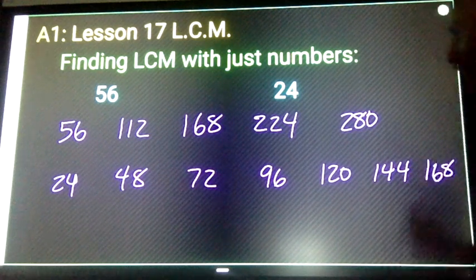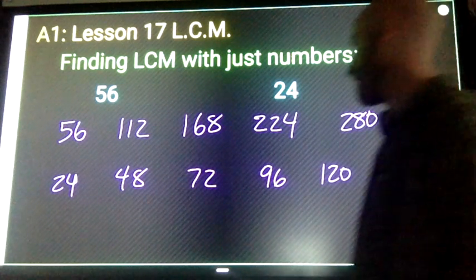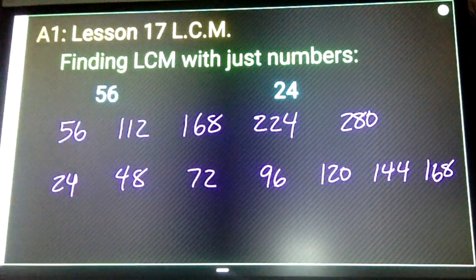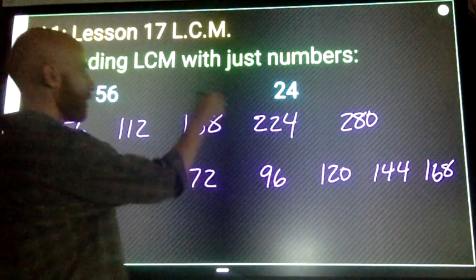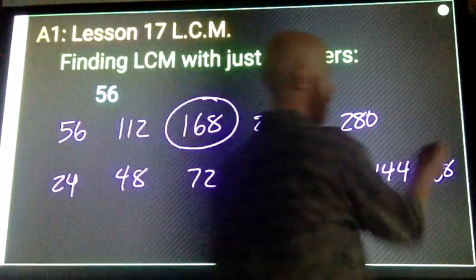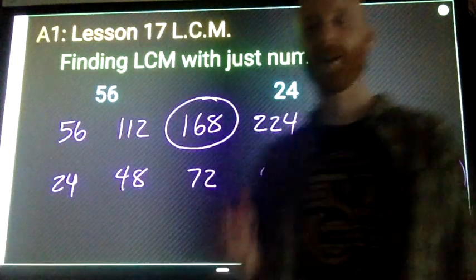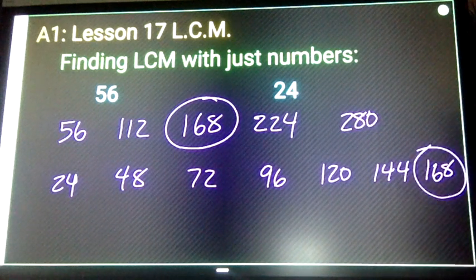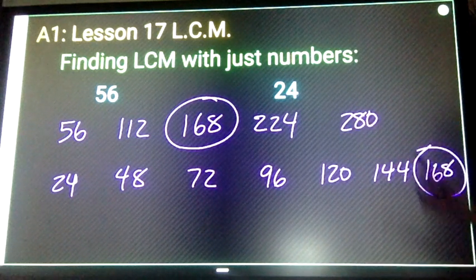And good thing that we got there because I'm running out of board space. But anyway, you basically just list out the multiples and then look for the first multiple, the smallest multiple that is shared by both numbers. 168 is the LCM of both of these.